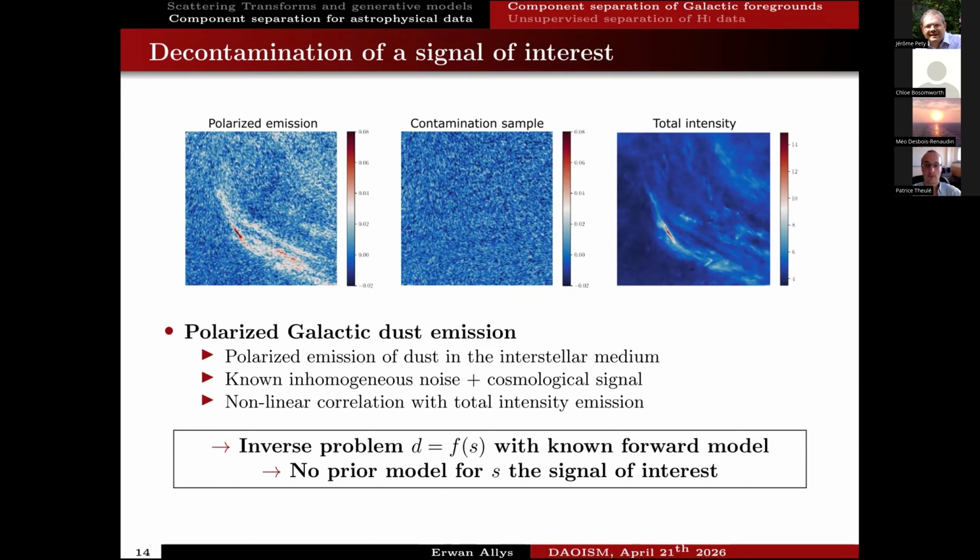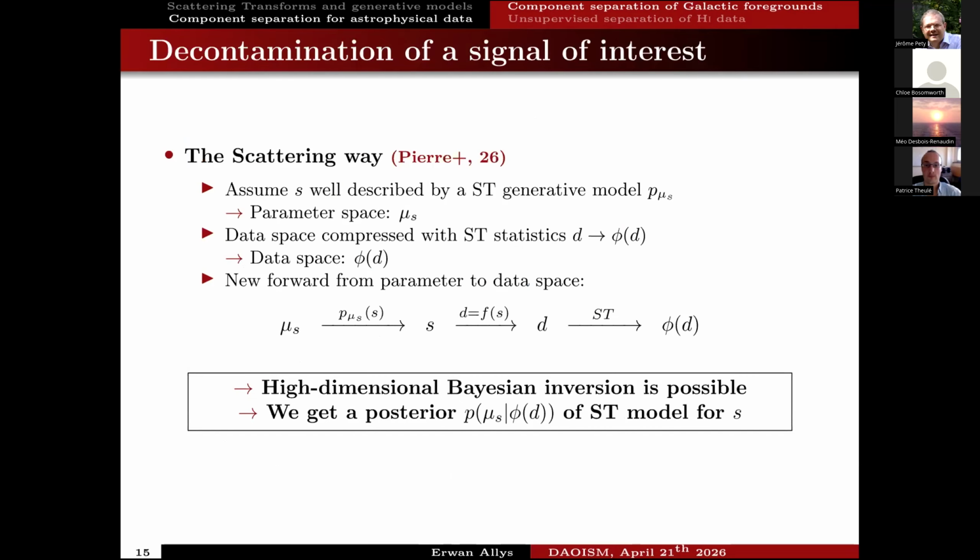Not completely, but I will put myself in this framework, which is that the data are a forward model of the signal of interest, and the forward model is just to add a contamination. And here I want to try to solve this inverse problem while having no prior model for S. But I can follow the scattering way, which is that I will assume that my signal is well described by a scattering transform generative model, which is parameterized by mu S, a vector of statistics of dimension a few hundred that parameterizes the generative model.